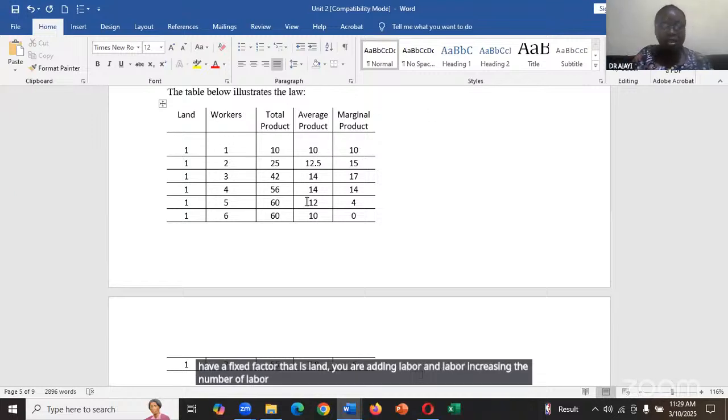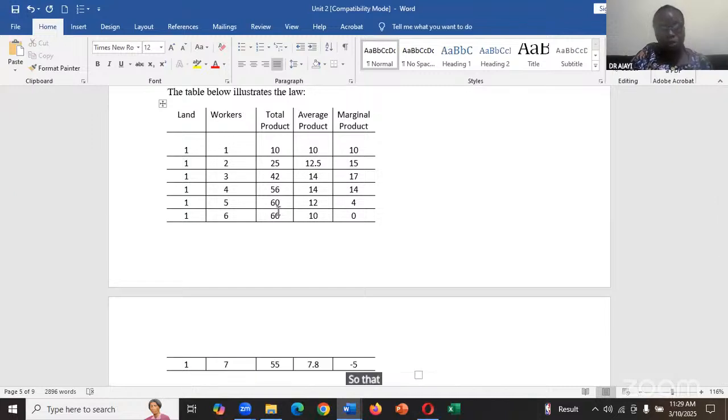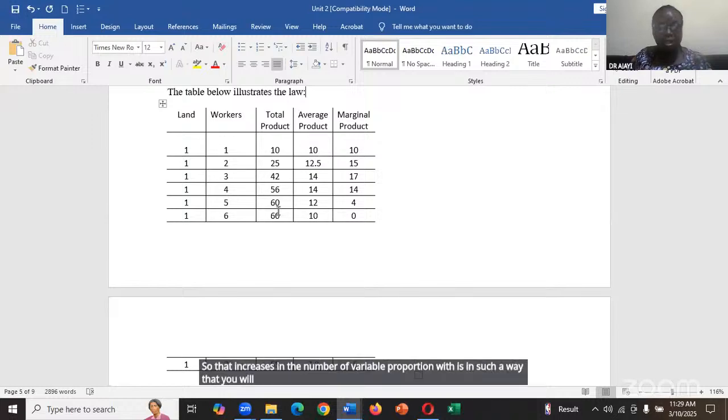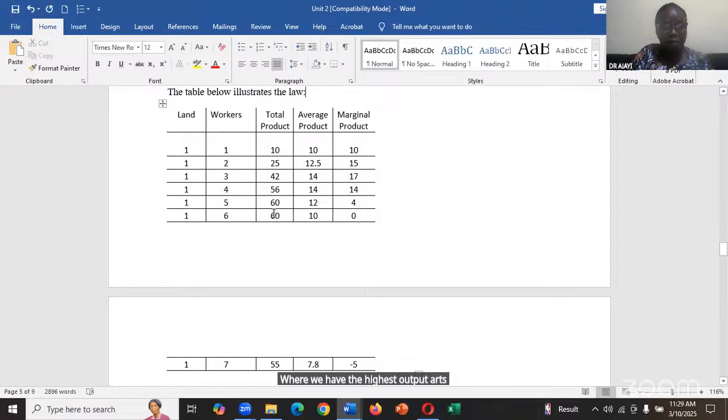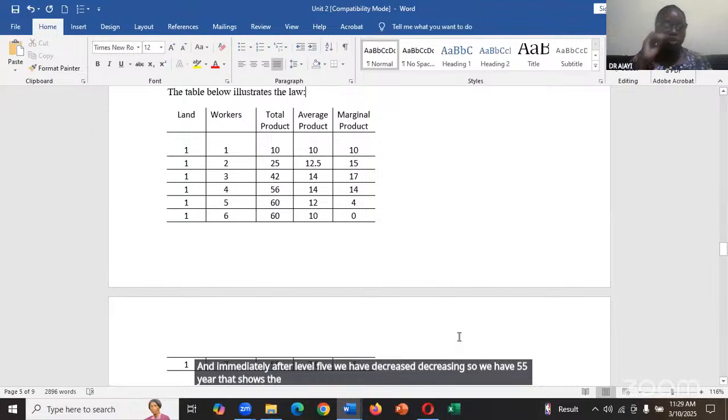The extent to which output responds to increases in the variable input is such that you will have a certain stage where rather than increasing output, it decreases output. Which is why for this example, we have the highest output at labor 5. And immediately after labor 5, we have a decrease. So we have 55 here. That shows the law of diminishing return.